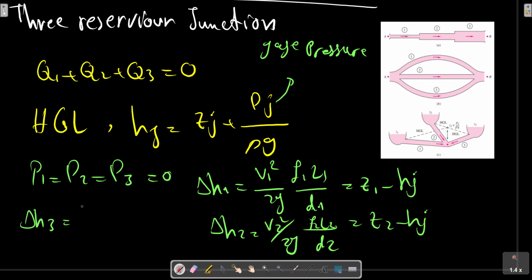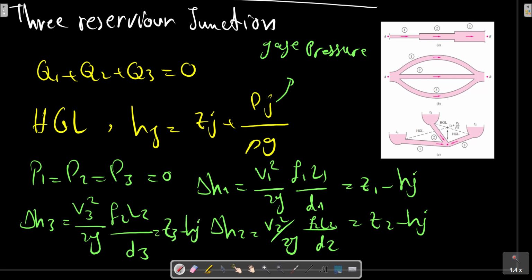V squared over 2g, f2 L2 over D3, iterating until the flow rate balances at the junction.